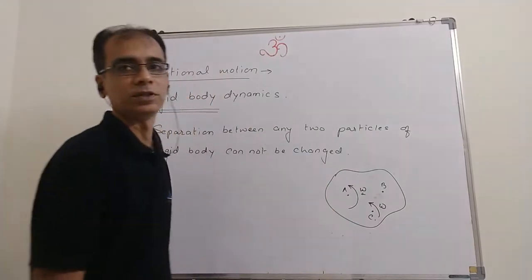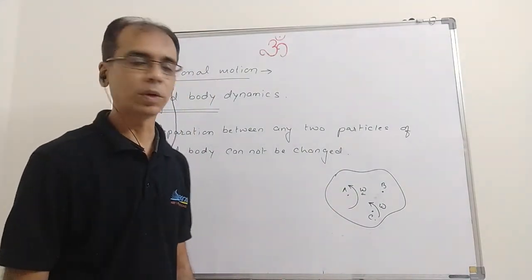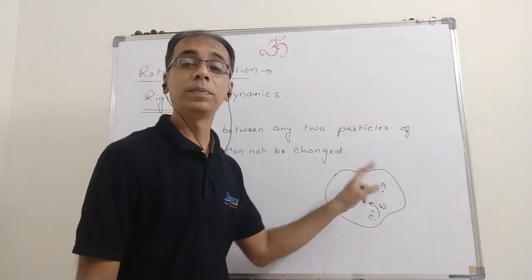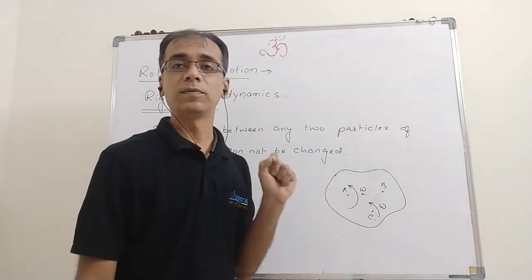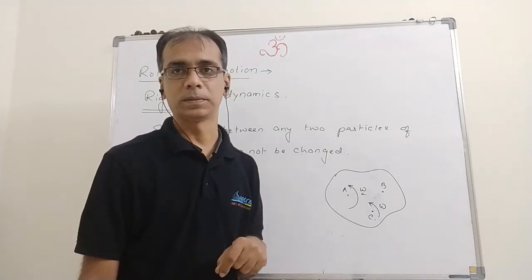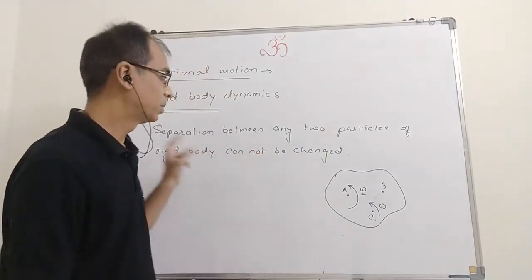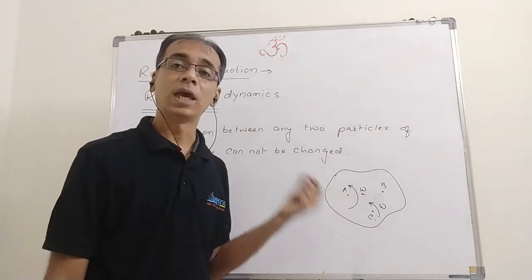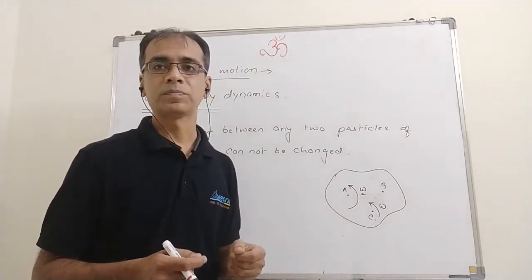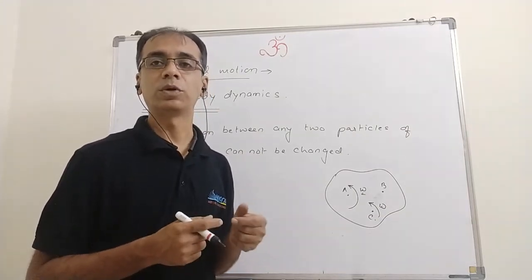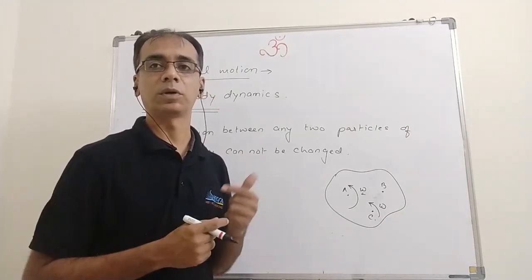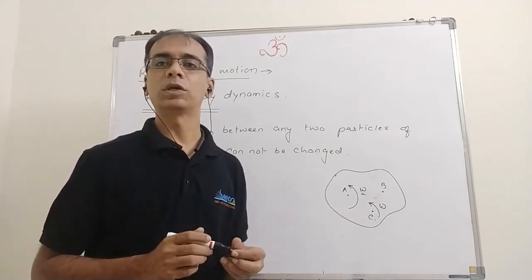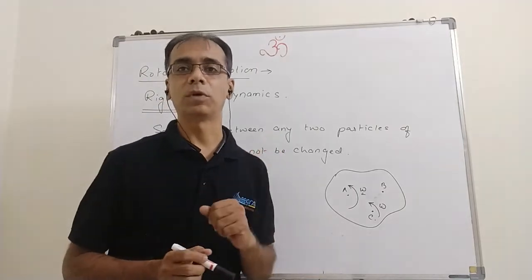That is the property of a rigid body. Everyone will have the same angular velocity. So point number one, the separation between them is fixed and cannot be changed. The second point is that every point in this rigid body is going to have circular motion about the other point, and its angular velocity will be the same. Keep this in mind. This is the definition of a rigid body.